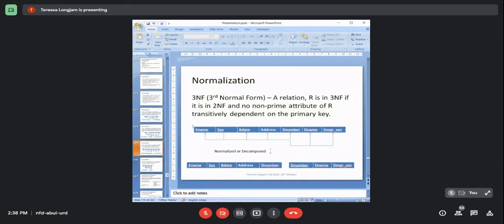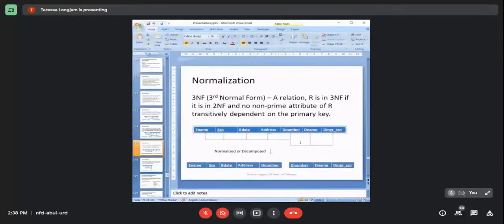Okay, like here in this example, you can see that Dname and Dmgr SSN are transitively depending on the primary key SSN. Here SSN is the primary key. We are just taking an example here; you can take any example.